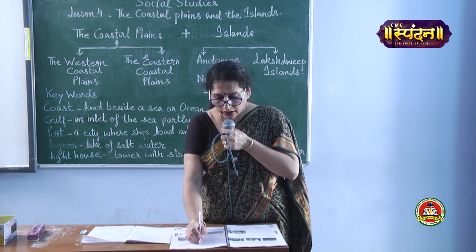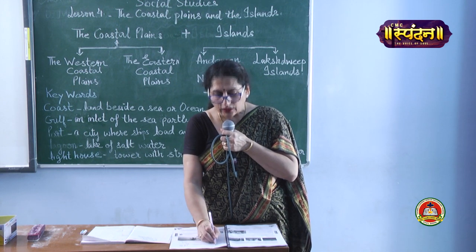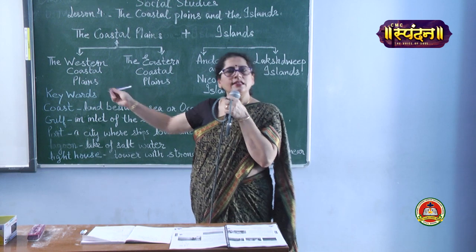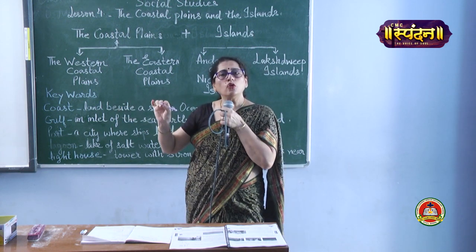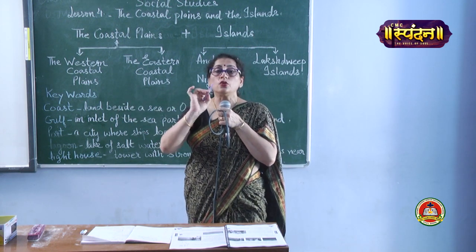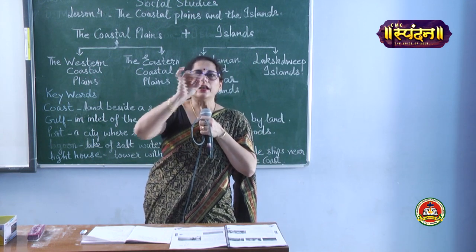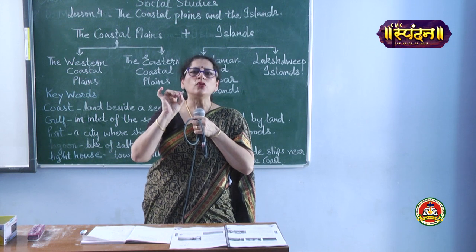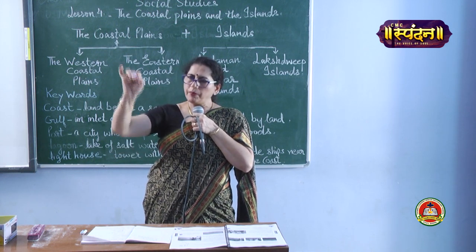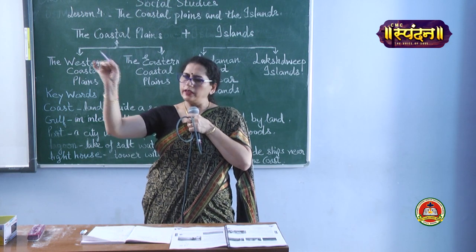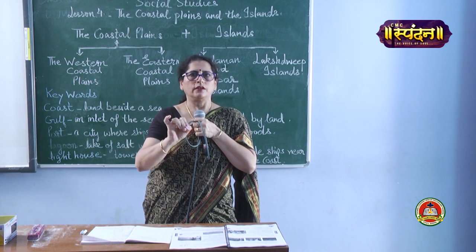Indira Point on the Nicobar Islands is the southernmost point of India. Please don't get confused, many times children get confused. Kanyakumari is the southernmost tip of Peninsular India, where the western coastal plains and the eastern coastal plains meet.